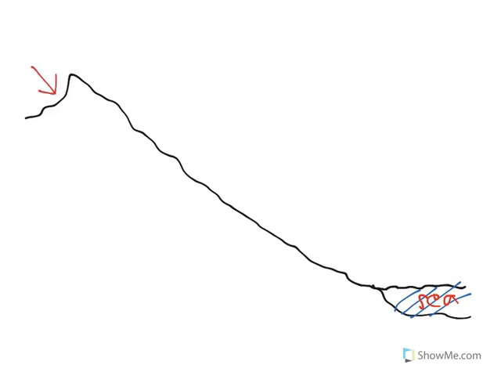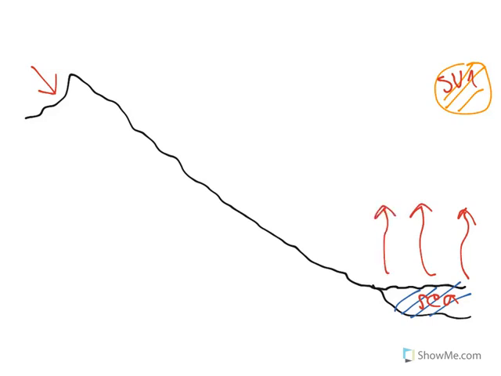Right, so the first thing we're going to do is we're going to say that heat energy from the sun causes water in the oceans to evaporate. Okay, and that's quite a key process here, that it's water evaporating from the sea because of the energy from the sun.